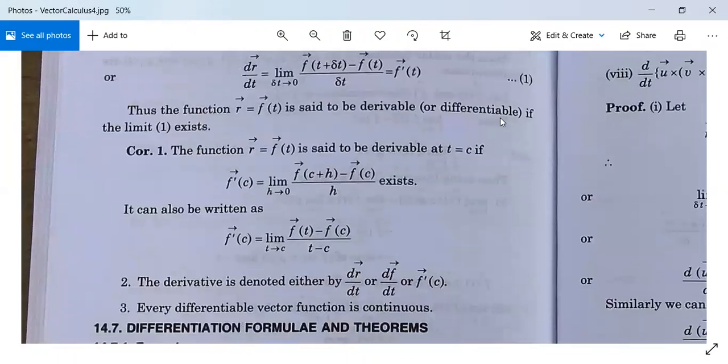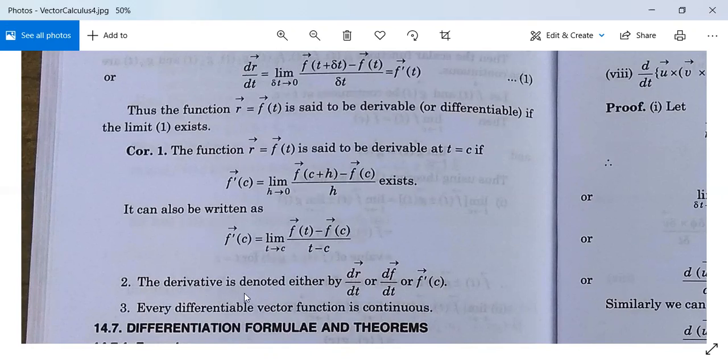There is a corollary. See, the function r equal to f(t) is said to be derivable at t equal to c if f dash c, given as limit as h tends to 0 of f(c plus h) minus f(c) by h, exists. Here it is as per the definition. It can also be written as f dash c equal to limit of f(t) minus f(c) by t minus c as t tends to c.